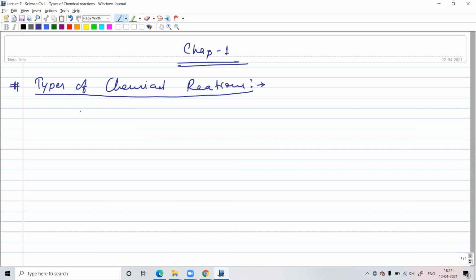Okay. So the first type which we will learn will be called combination reaction. We'll go into the details of what this is, but just by looking at it, what do you think it might be about? Combination reactions. Can anyone make a guess? What do you think will happen in a combination reaction?